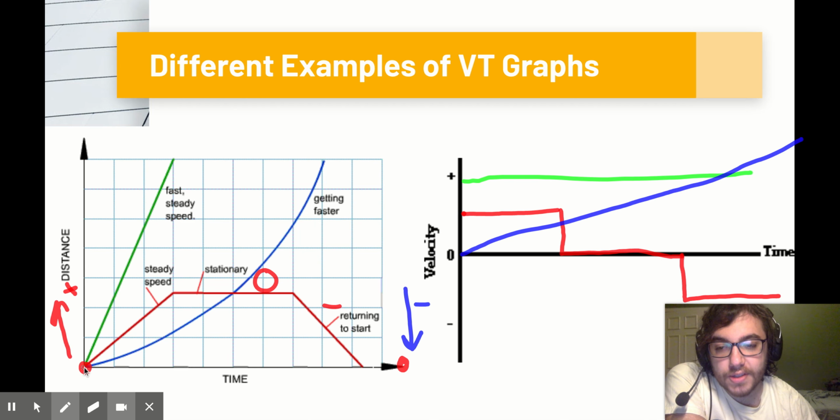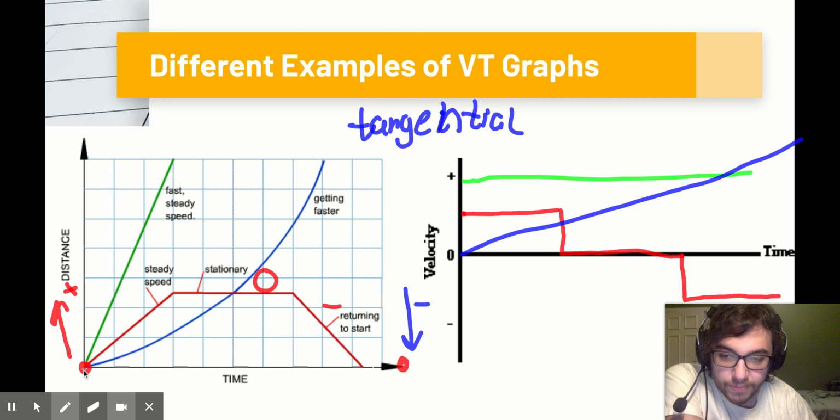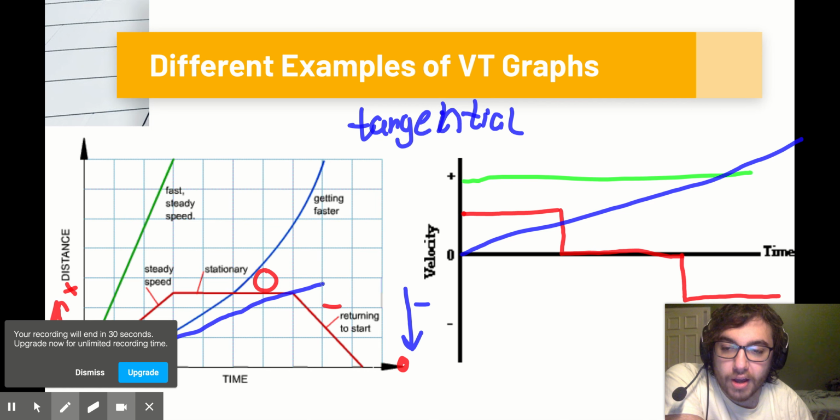We can actually see this by taking something called the tangential velocity. You don't really need to know how to calculate this, but the basic premise is that for anything on a circle or curved plane, you can look at any one point and draw a straight line from it. So I took the one at 0, and if I were to draw a straight line, it would look something like this.